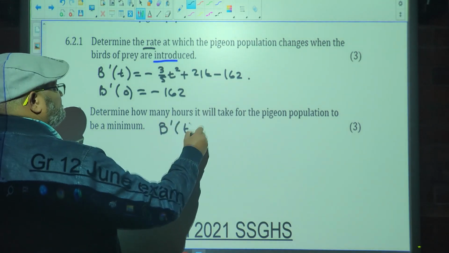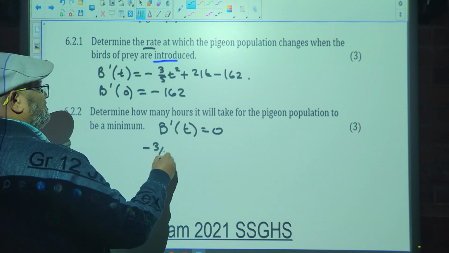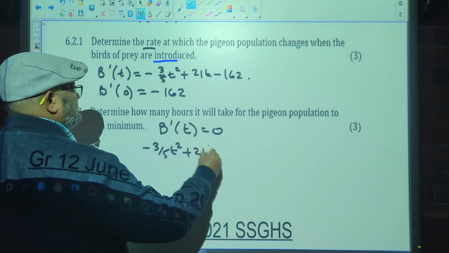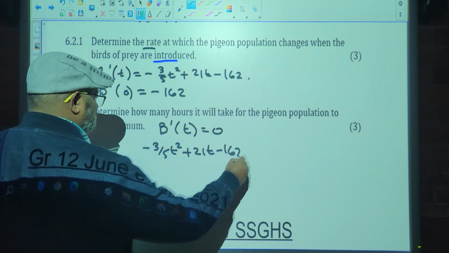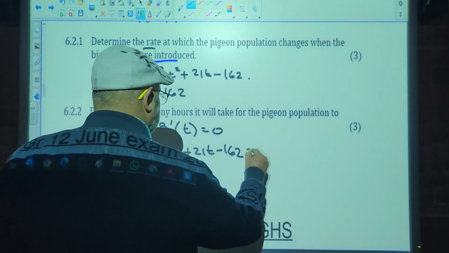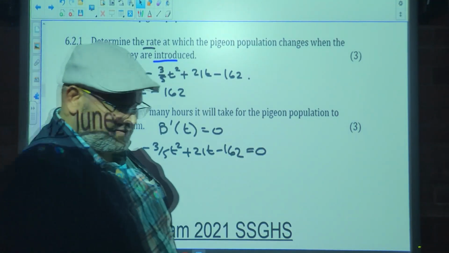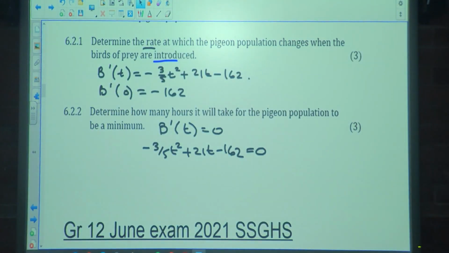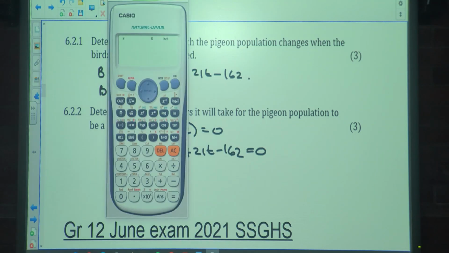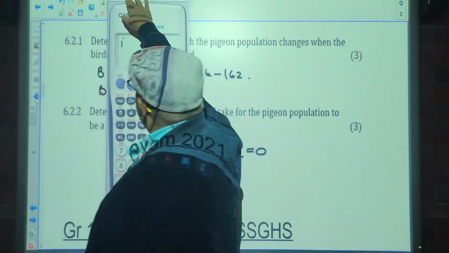So P dash of t is equal to 0, so negative 3 over 5 t squared plus 21t minus 162 equals 0. Again, you can use the quadratic formula or complete the square.